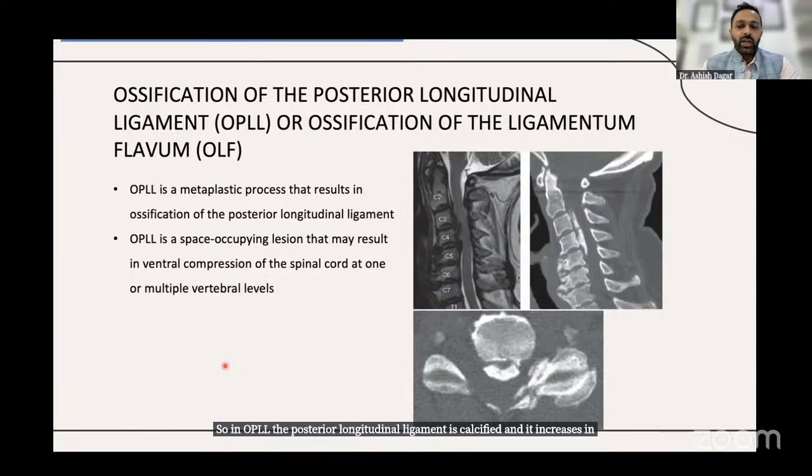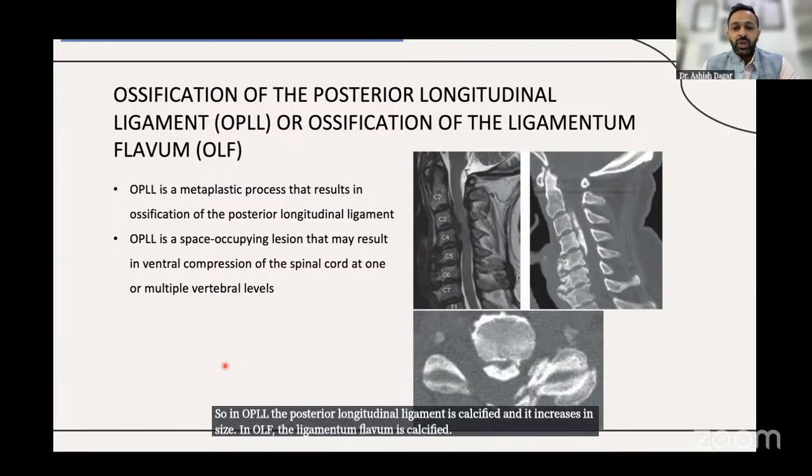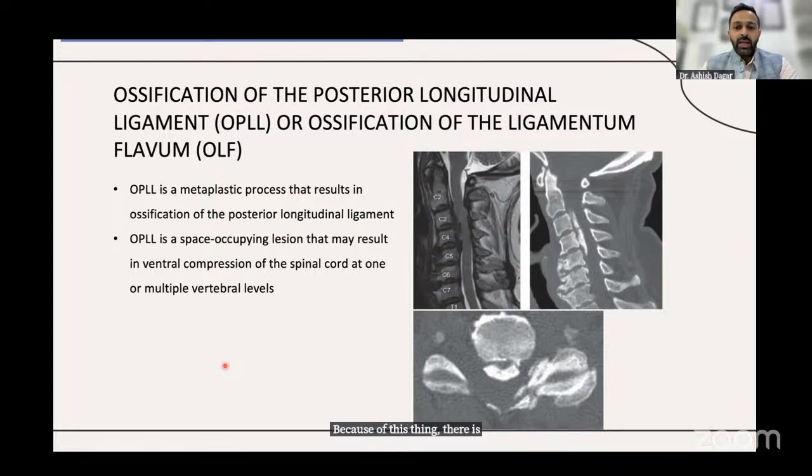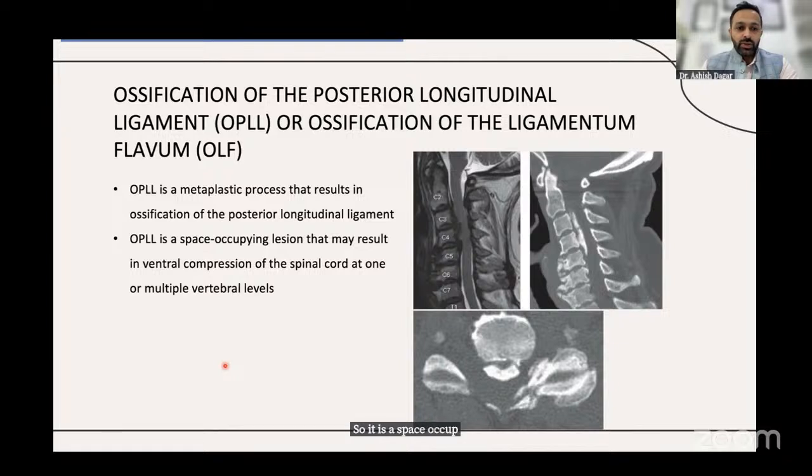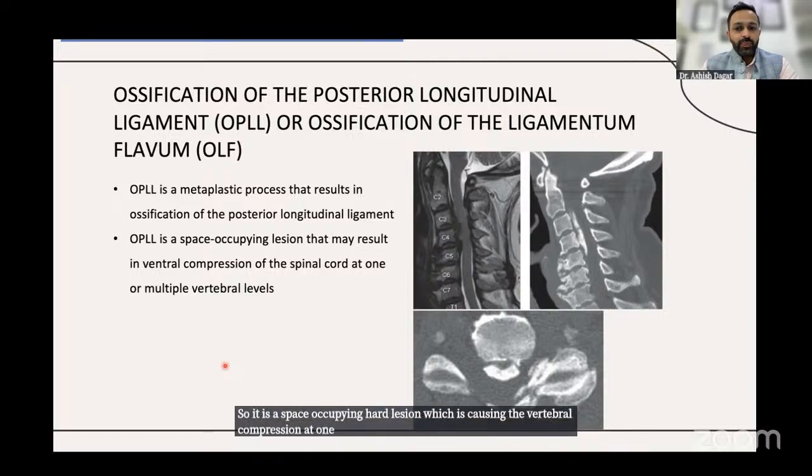In OLF, the ligamentum flavum is calcified. Because of this, there is a hard bony structure lying in the spinal canal, which is compressing the spinal cord. So it is a space occupying hard lesion, which is causing compression at one or multiple levels. Usually it is a multiple level disease.